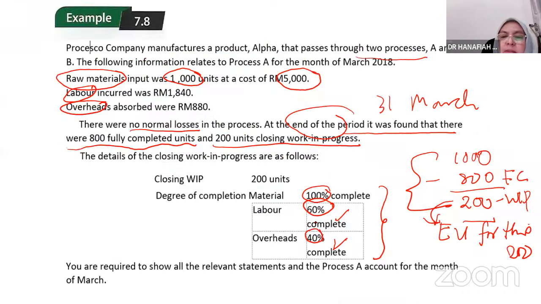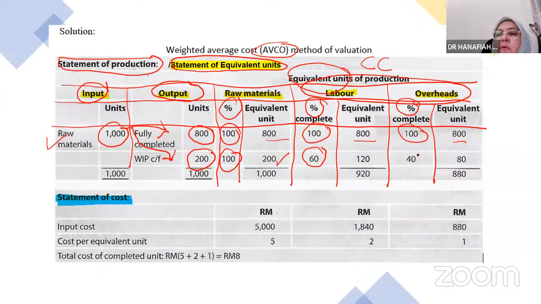For overhead, 40%, therefore I write 40%. How do I calculate this? 200 times 60% is equivalent to 120. And 200 times 40% is equal to 80. I repeat.